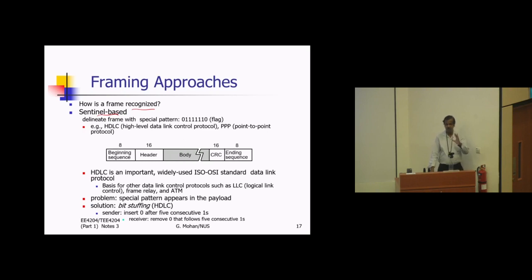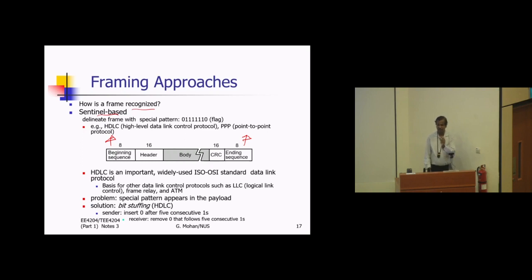It's a very straightforward, interesting approach as well. Sentinel means you have the sentry or the guard, or the flag. So we have a flag in the beginning of the frame, and we have another flag to mark the end of the frame.